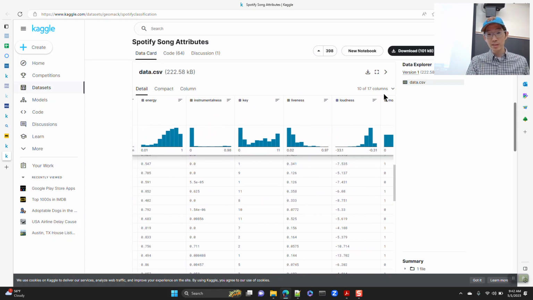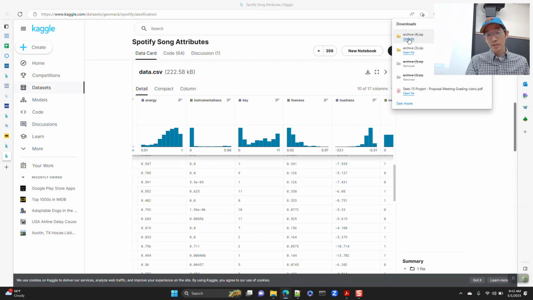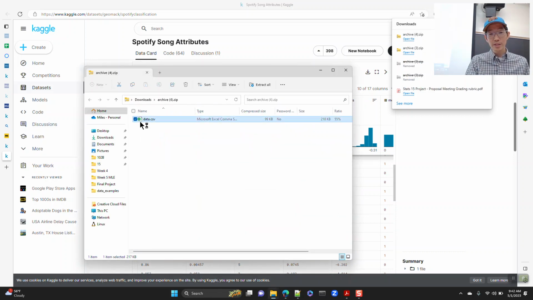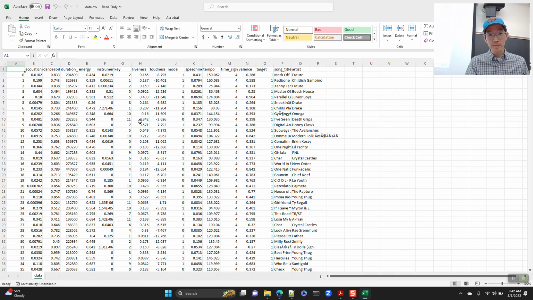If we actually look at the data set, here's a song that's listed. Mask Off by Future. Acousticness rating, 0.01. And we go, okay, yeah, that makes sense, right?